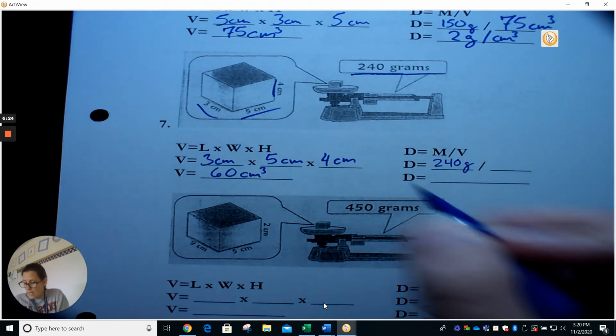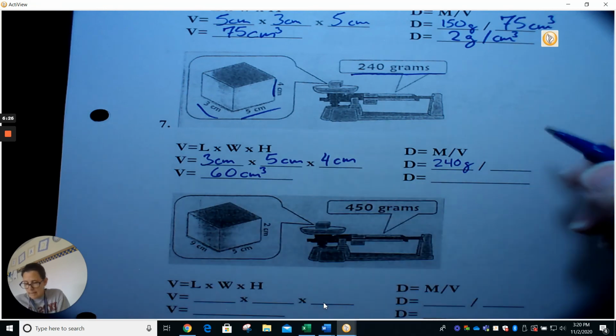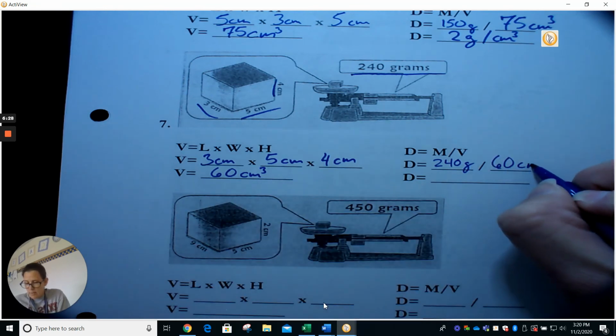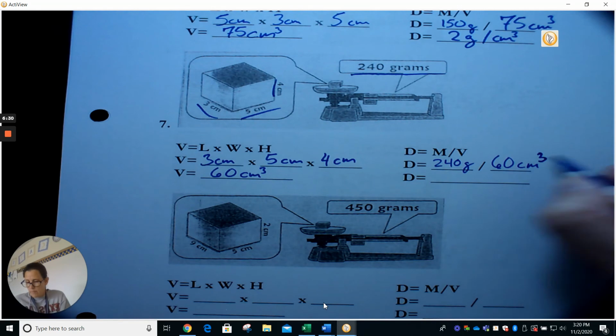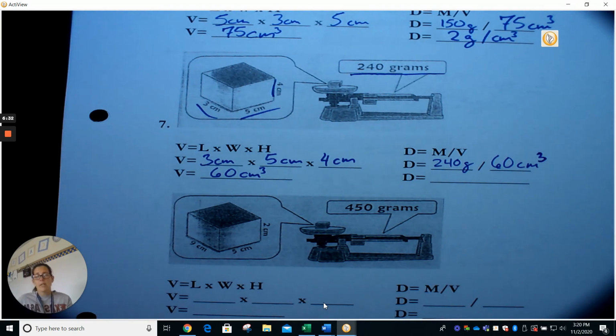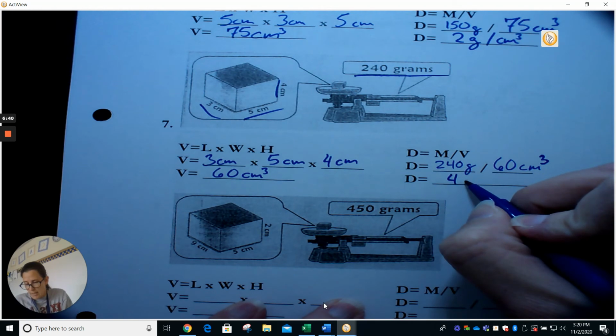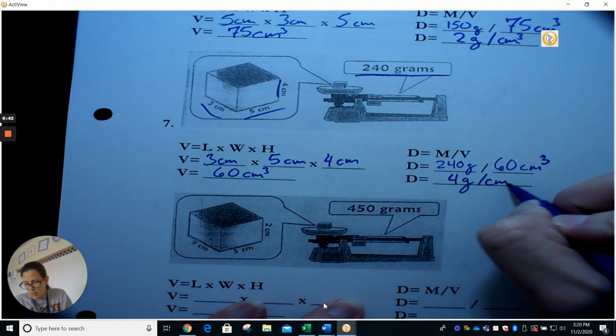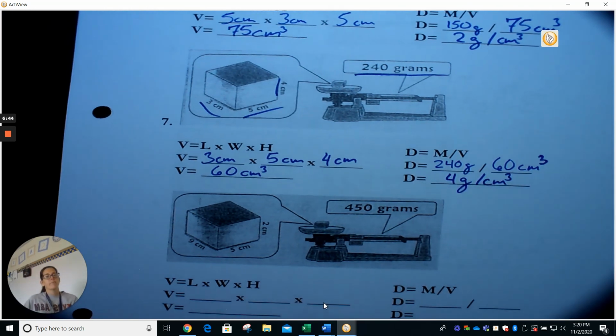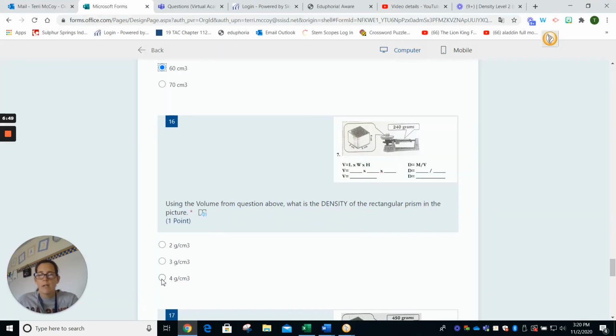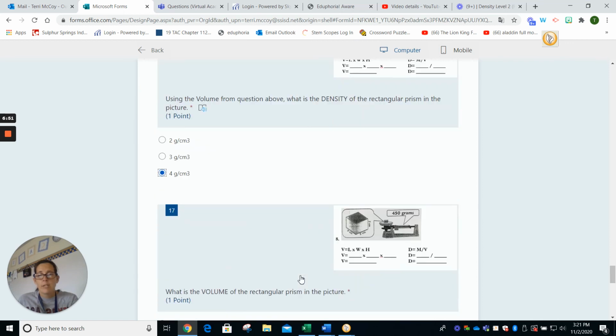Our volume we figured out is 60 centimeters cubed. Okay, and we plug that in our calculator. 240 grams divided by 60 centimeters cubed is 4. And we're moving our units down, grams per centimeter cubed. So now we will go put that in our form, 4 grams per centimeter cubed.